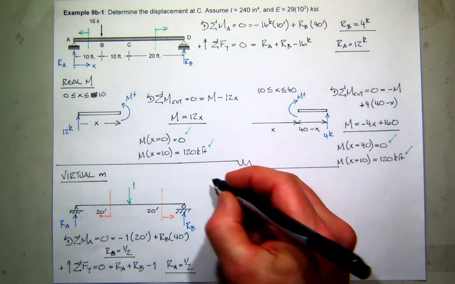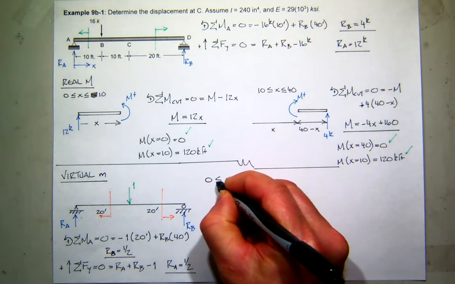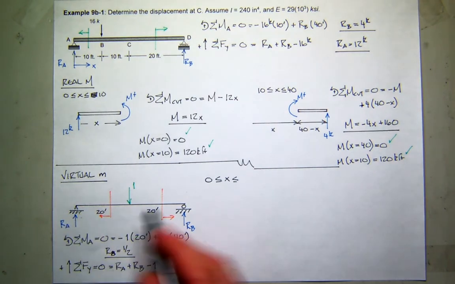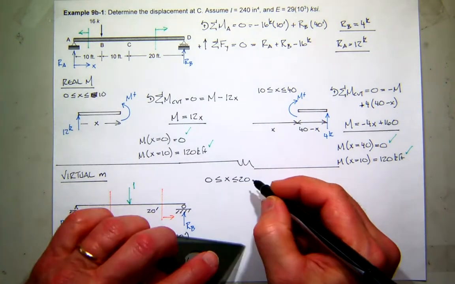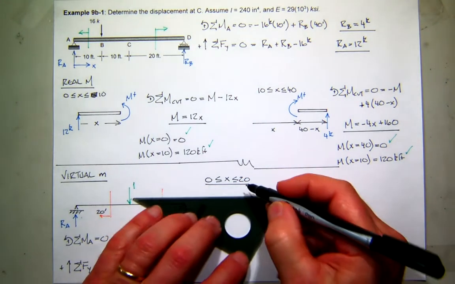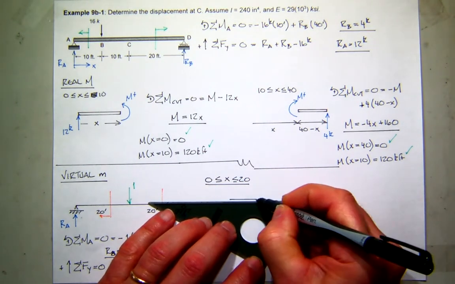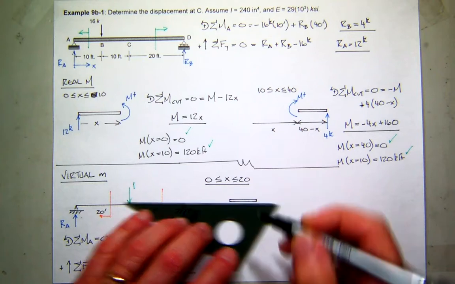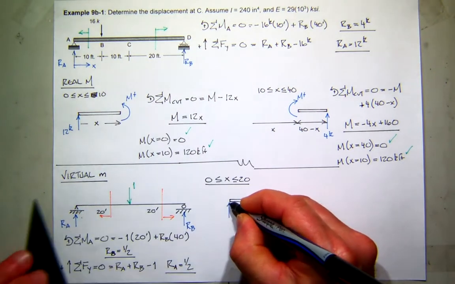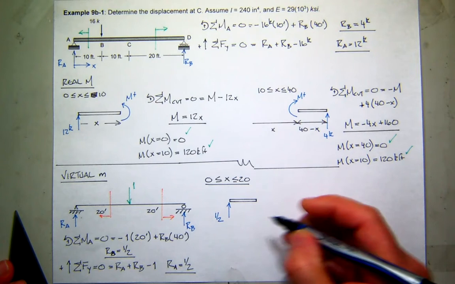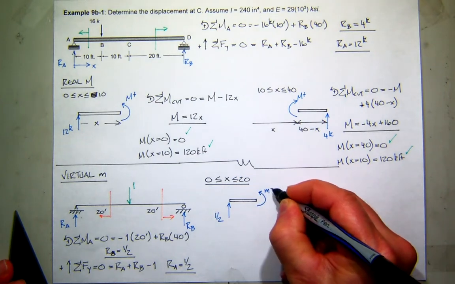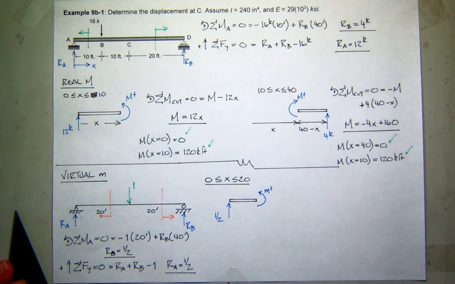So I'm going to start with the first one, which is between 0 and 20. So my free body diagram for that looks something like this. The reaction on the right-hand side is up and equal to 1/2. And then here's my internal virtual moment, positive.